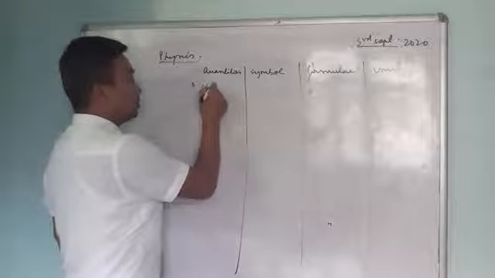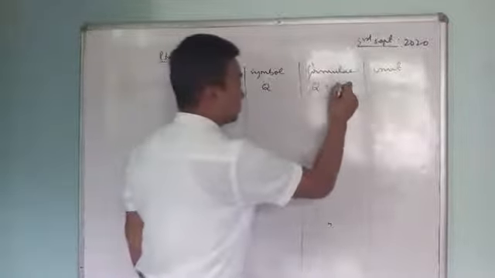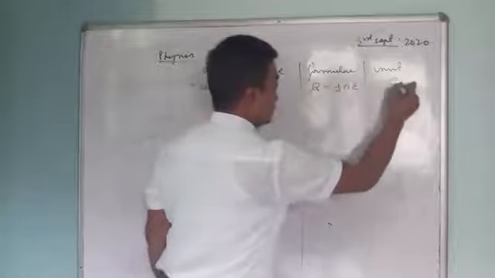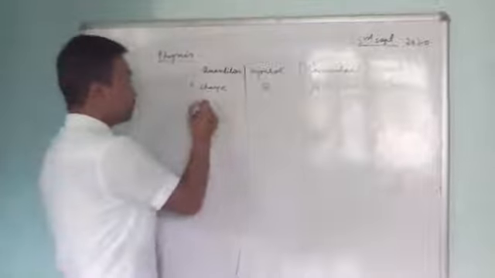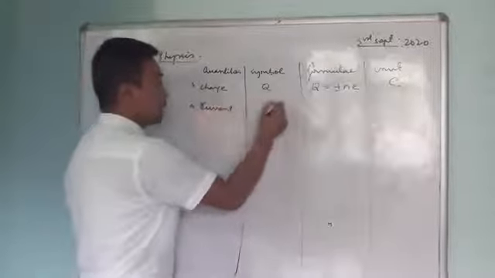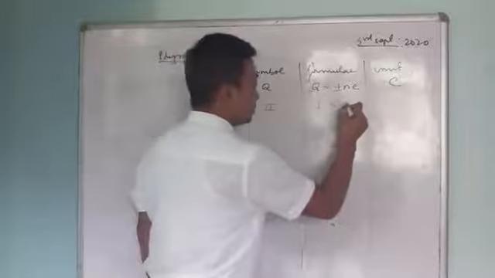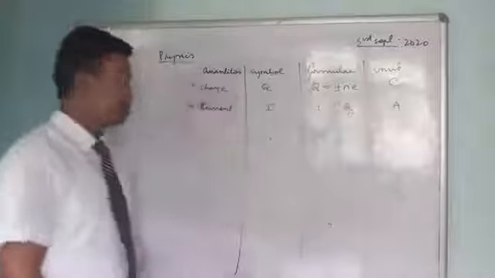The first one you learned is charge. The symbol is Q. The formula is given as plus minus N into E. The unit is Coulomb, capital C. The second you have learned is the current. Symbol is I. The formula is Q by T, and the unit is ampere.